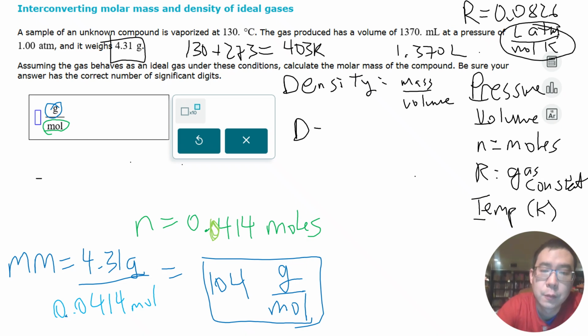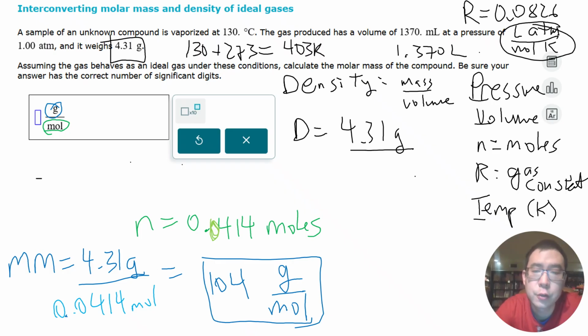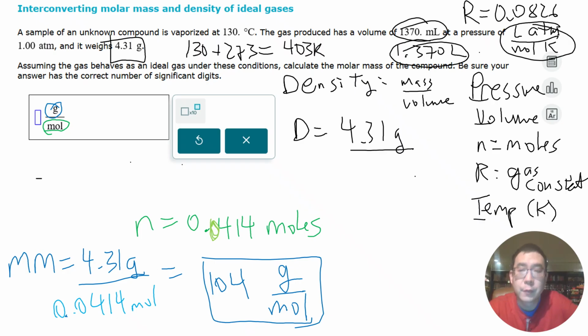And do I have a volume? Sure, I have a volume. It's this many liters or this many milliliters. So depending on how I want to represent my density, I can use either liters and get grams per liter or milliliters and get grams per milliliter. For gases, we usually use liters because gases are generally not very dense.